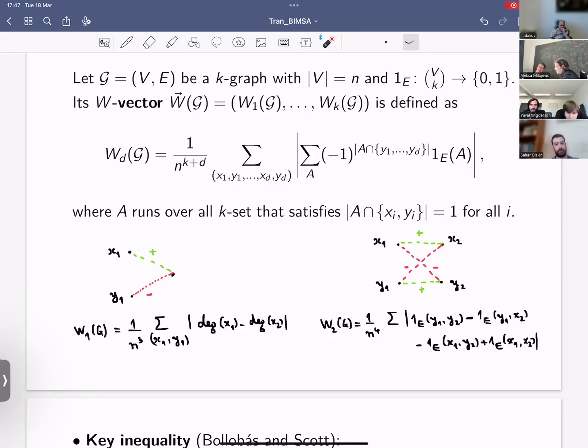So W1 of G will be this sum, the sum over pairs X1, Y1 of the degree of X1 minus the degree of Y1.